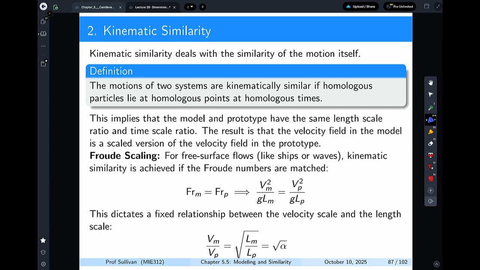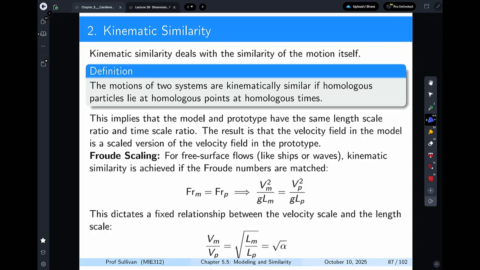So for free surface flows, this is easy, right? If you were here 20, 30 years ago, in the bottom of mechanical engineering, we had a towing channel. We had a large water channel where you had a motorized scooter and you could run models down through that. And for free surface flows like that, we wanted to match it to ships or waves.